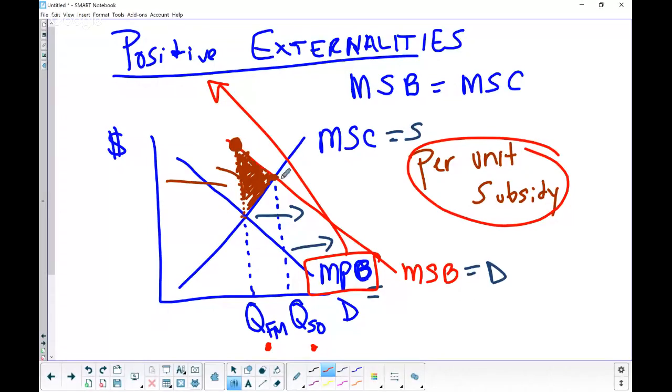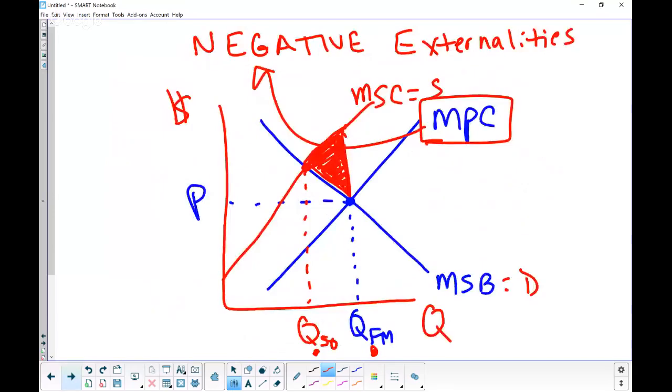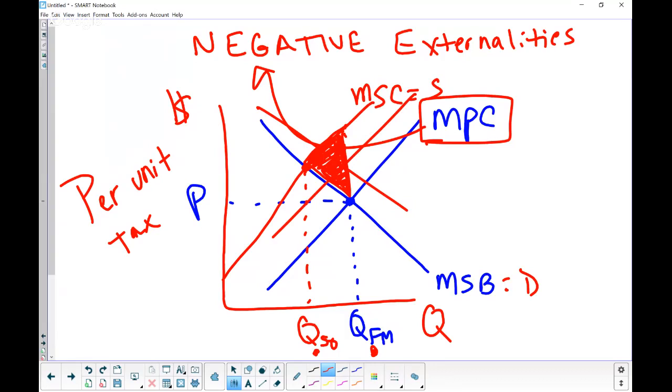Gone, because now we're producing where society wants. Over here, what would we implement? We would implement a per unit tax. If we implement the per unit tax, what happens to our deadweight loss? It's gone, no longer.